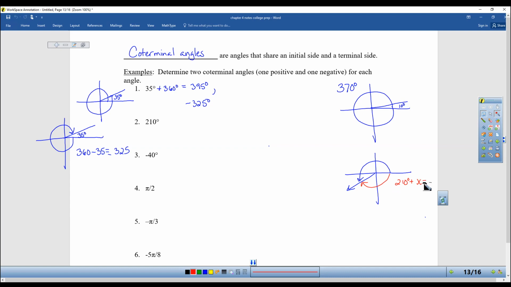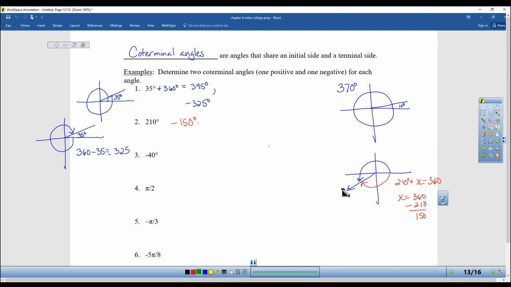So we'll just call it x. Together, they would add up to 360. So you can say that x is 360 minus 210, which is 150. But to get there, you'd have to go in the negative direction. So negative 150 would look just like 210 degrees.